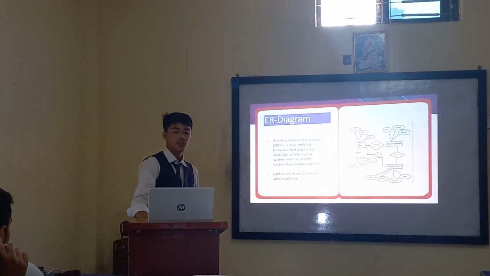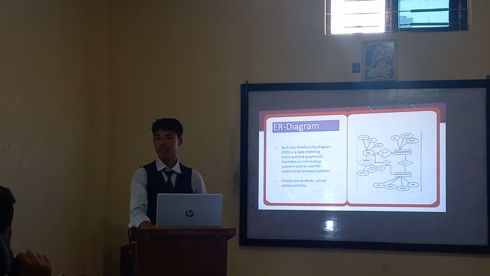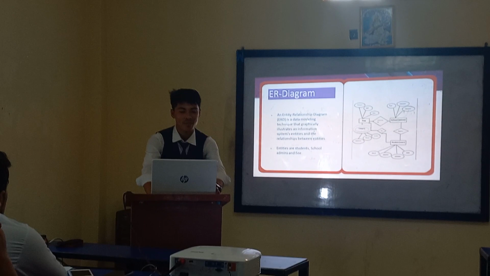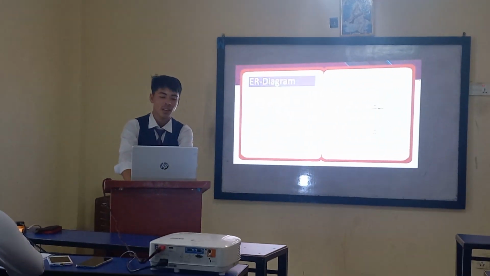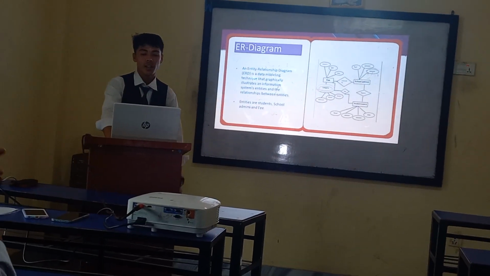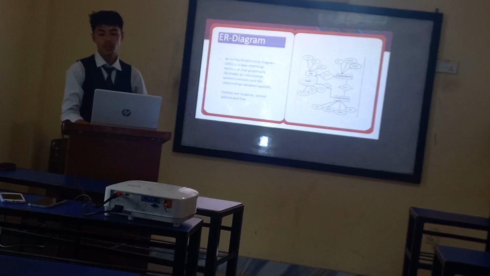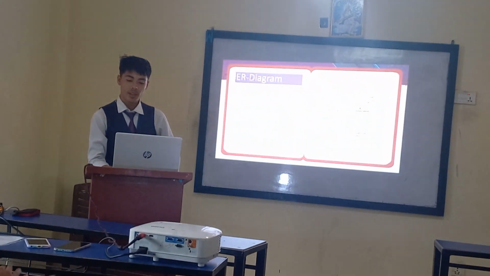And the entity diagram. We all know that we have already studied the entity diagram. I think you are also studying the ER diagram. An ER diagram is a data model that graphically illustrates an information system's entities and the relationships between the entities. Here the entities are users, that is students, fees, and school admins.